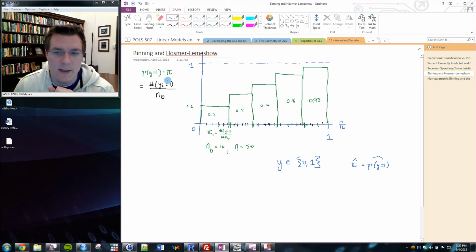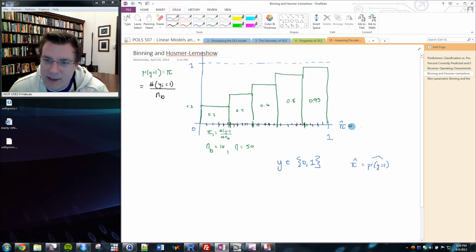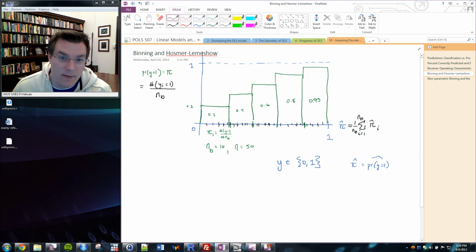Right, and for each bin, the average pi hat is just going to be the average pi hat in the bin.